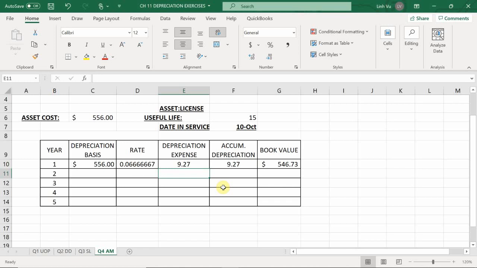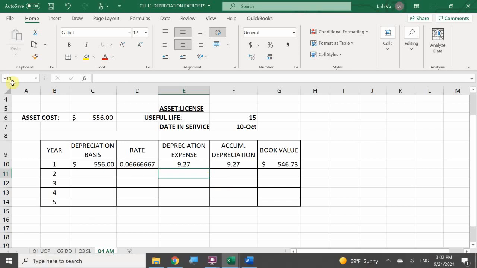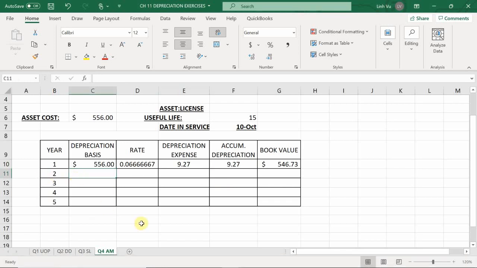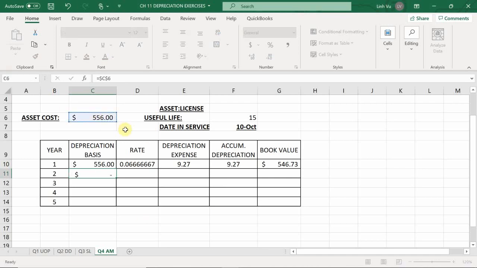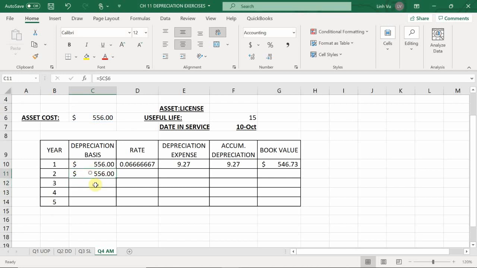You have to remember that because it acts the same exact way as straight line, you also have to be aware of when you place it into service. Okay? So once again, your depreciation basis is going to be your asset cost. If it's anything like straight line, your asset cost or your depreciation basis is going to stay the same.